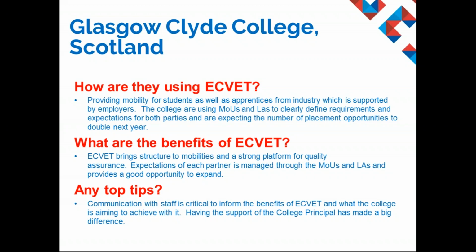And this shows the flexibility of ECVET, and the principle of using learning outcomes is that you can create your own units. So they've created a unit levelled at EQF level 3, and although they're at a testing stage now, if it's successful, students from all the partner countries will do these units while they're on mobility placement and be assessed by the participating host organization.